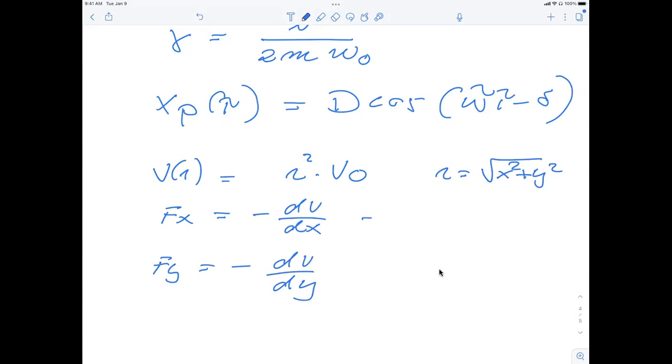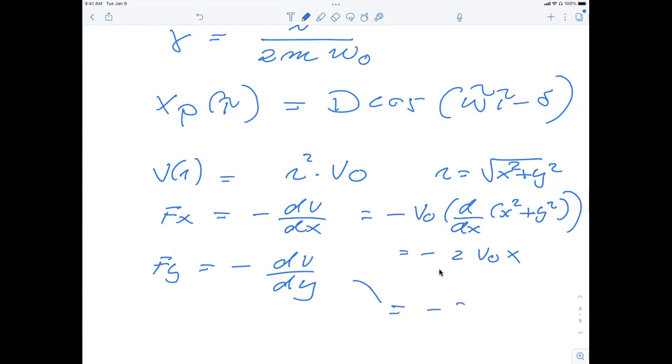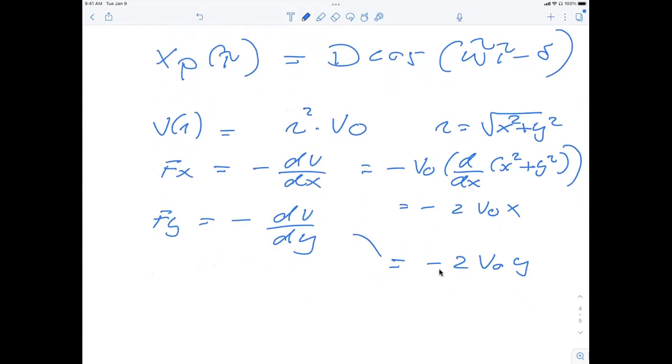So that means that here you need to take the derivative of minus v0, and then you would have the derivative d dx of x squared plus y squared, right? And that becomes simply minus 2 times v0 times x. And then if you do the same thing here, you're going to get that this is equal to minus 2 v0 times y.